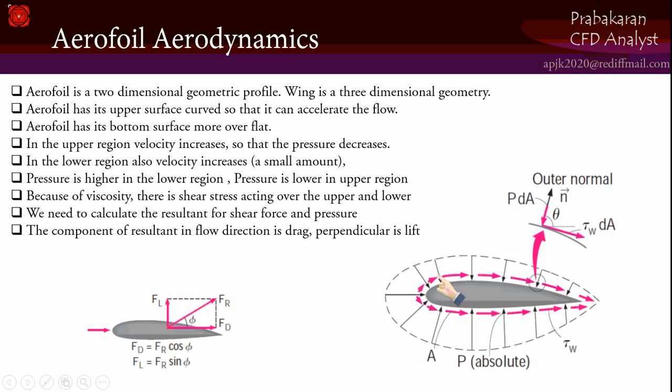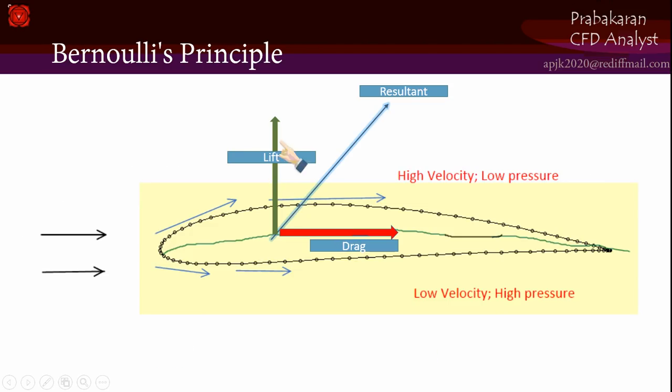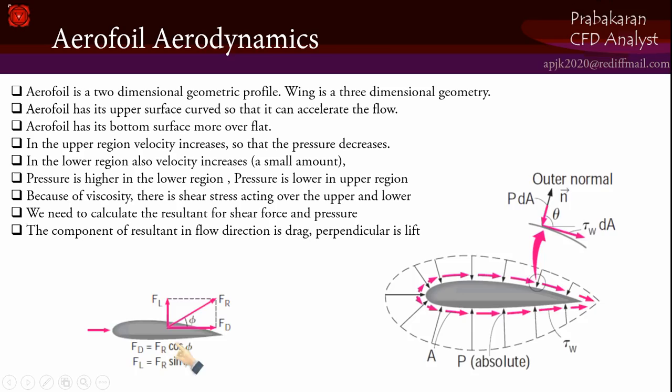When there is a fluid flow over the aerofoil upper surface, the velocity increases, so the pressure drops. This is according to Bernoulli's principle. Because of that, there is a pressure distribution. On the upper surface the pressure is less, which is characterized by the length of these arrows.